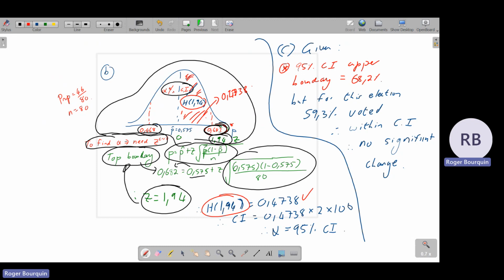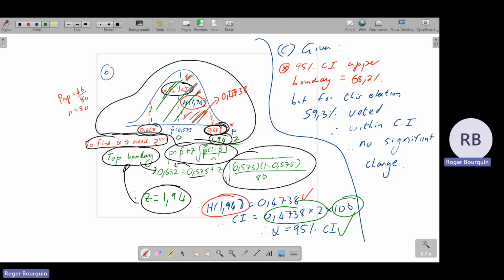But we want our confidence interval, which is between both of these boundaries. So our confidence interval is going to be that times 2, and then to get a percentage I times it by 100, and that gives us that whole confidence interval over there. I end up with a confidence interval of 95%.